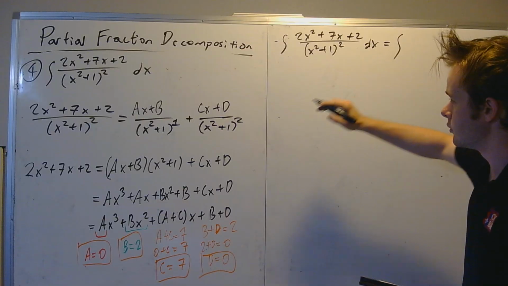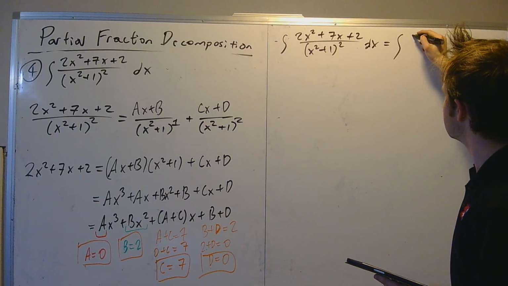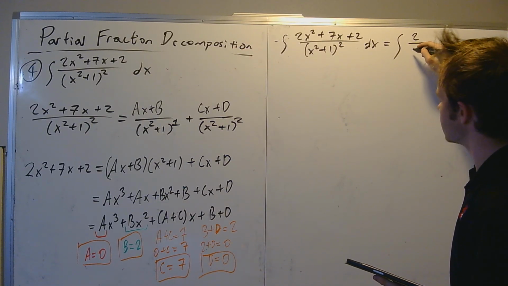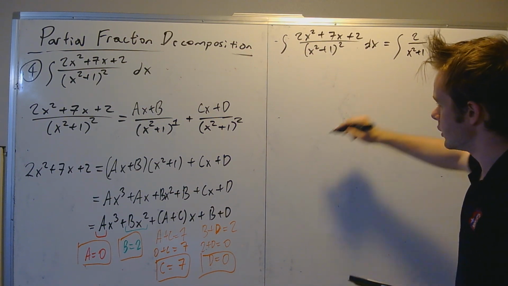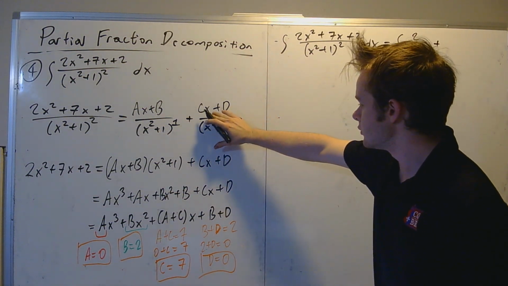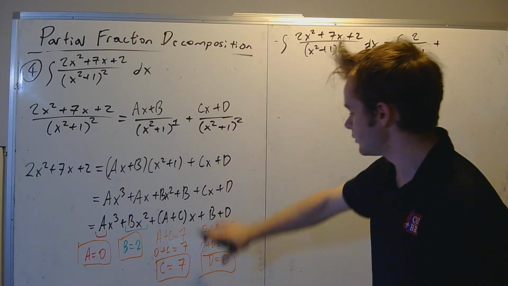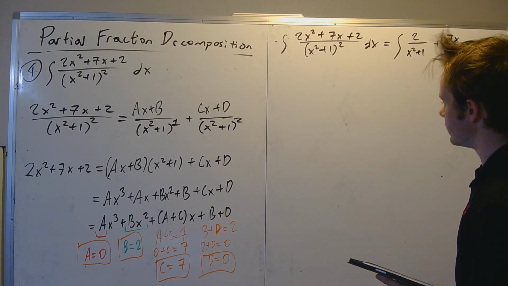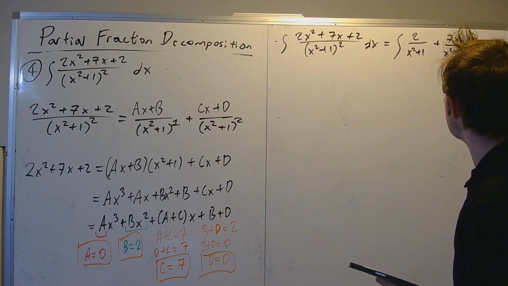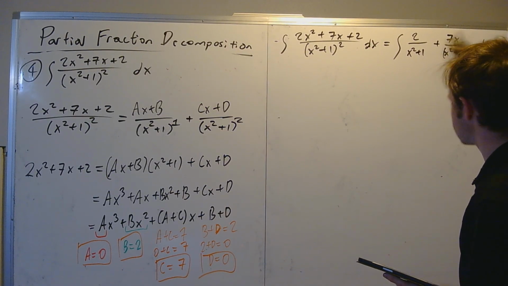So we've got a is 0, b is 2, so 2 over x squared plus 1 plus, and then now for this part, cx plus d, c is 7, d is 0. So 7x over x squared plus 1 squared dx.